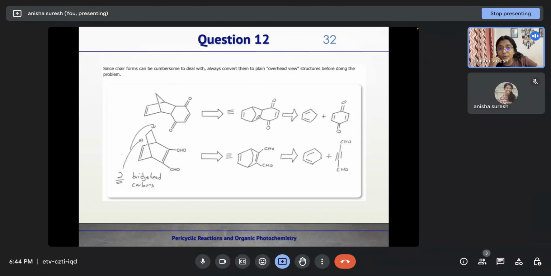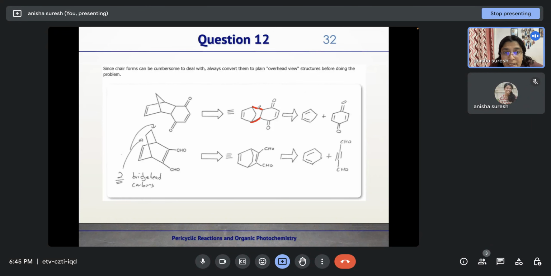Now what we will do is, so which are the new bonds that have formed? These are the new bonds that have formed in Diels-Alder reaction.